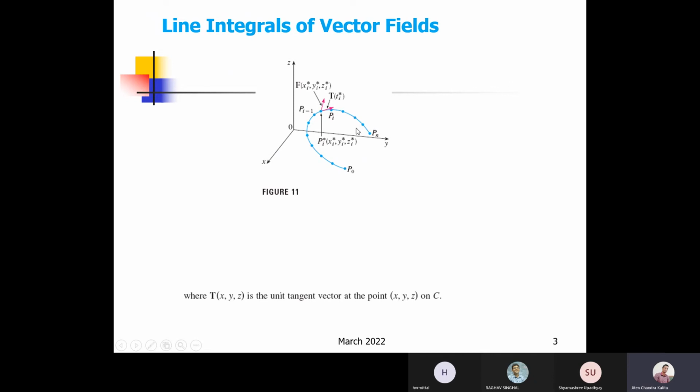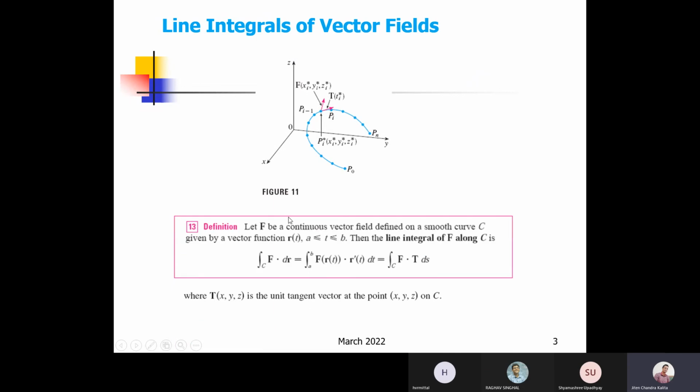As before, we divide this curve into sub-arcs through sub-intervals of [a, b], and you know how it happens. In the sub-arc between the points P_{i-1} and P_i, we consider a point P_i star. There we consider the force F, which is a vector-valued function, and the tangent vector T at that point, which corresponds to t_i star. I have already explained what happens; this is what happens.